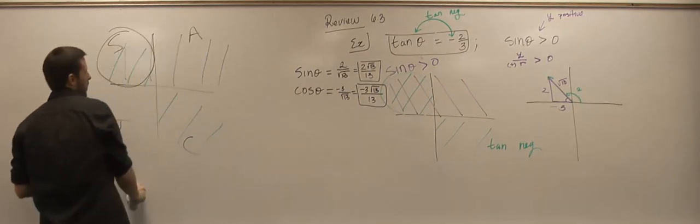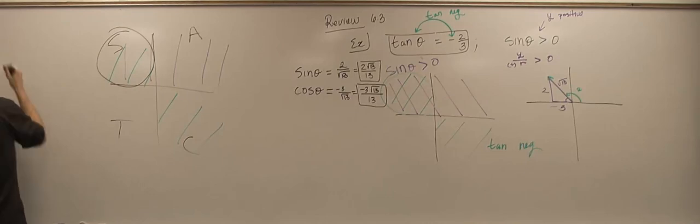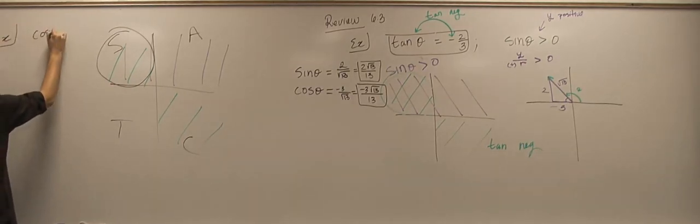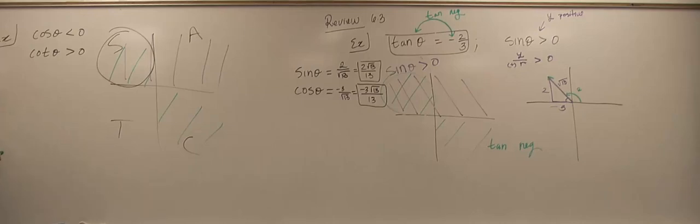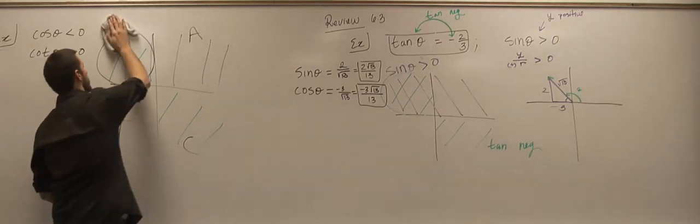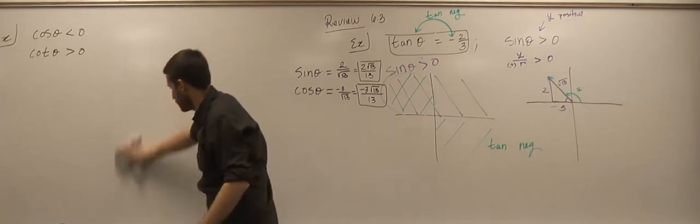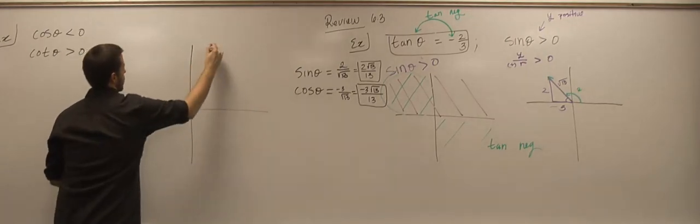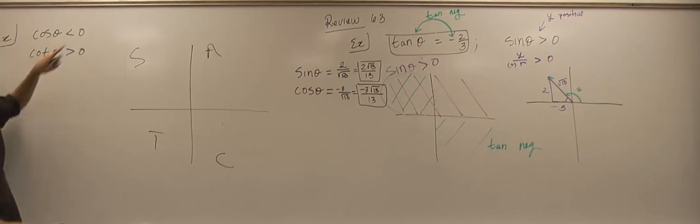So for example, if I gave you cosine of theta is less than 0 and cotangent of theta is greater than 0, what quadrant am I trying to describe? Why? All Students Take Calculus. Where is cosine negative?